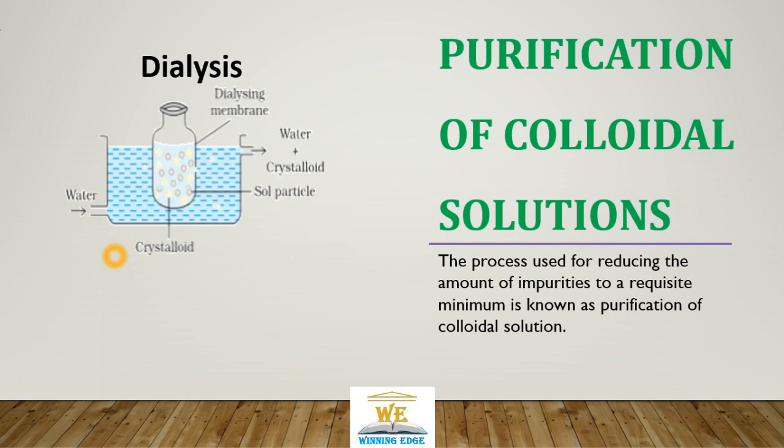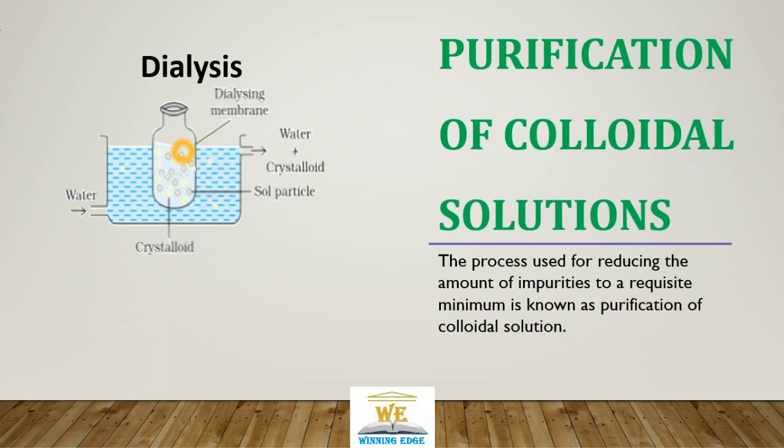Now, our dialysis membrane allows only electrolytes or the impurities to pass through it, but not the colloidal particles because of their large size. This way, we get rid of impurities from the colloidal solution, but a pure colloidal solution will still remain inside the membrane.